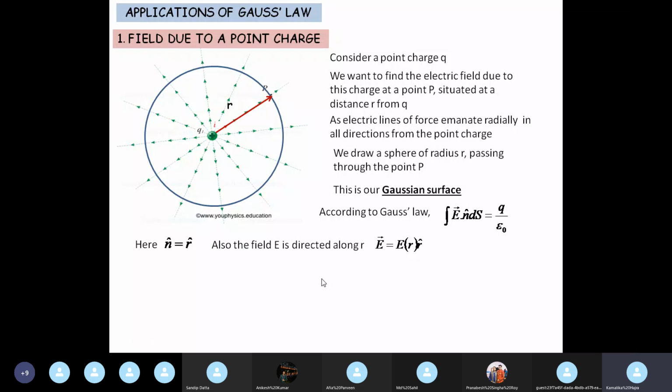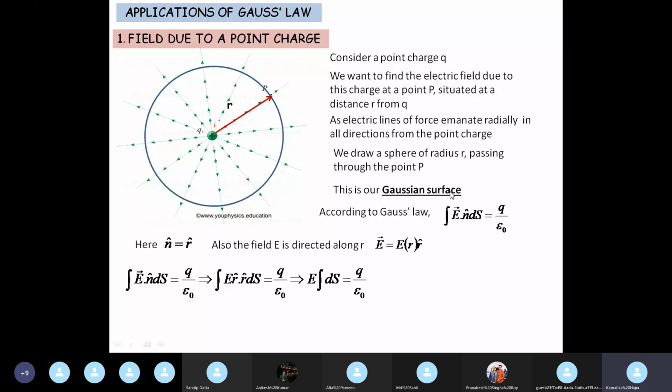So the electric field is also directed along r at any point. So we can write basically vector E is equal to E r cap, magnitude of E into r cap. So both the normal n cap and the field E are along the same direction, that is in the radial direction. Please let me know if you don't understand any point. Okay.